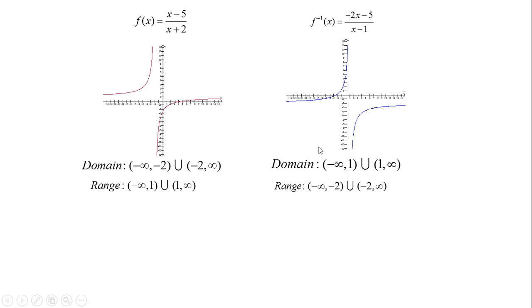So you notice that, and again, that's all accounting for this flip across the line y equals x, x equals y, y equals x. So if you were asked to find the domain and range of this function and its inverse, clearly we could define the domain by just looking at it. Having the domain of that function will tell you what is the range of the inverse.